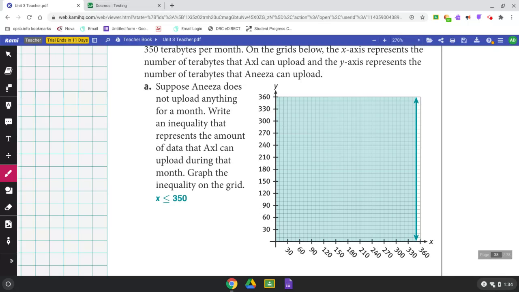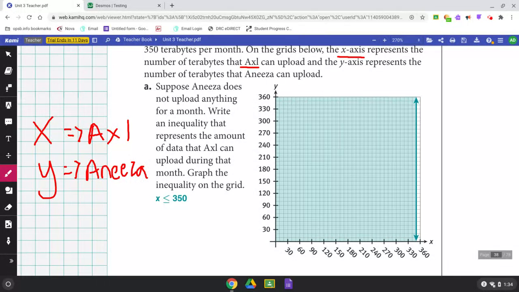So suppose that Anisa does not upload anything for a month. Write an inequality that represents the amount of data that Axel can upload. Well, if Anisa uploads nothing, then Axel can upload 250 gigabytes. And Axel, remember, the X values represent Axel. So X is Axel. It gives you that information. Y is Anisa.